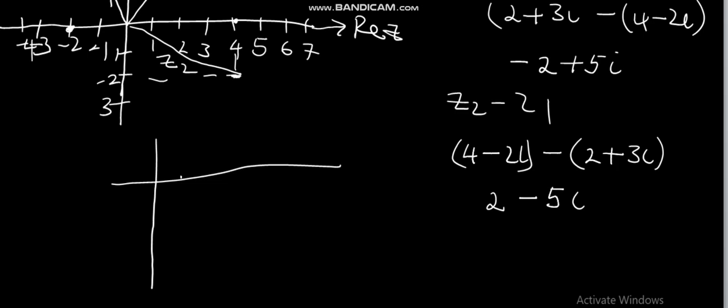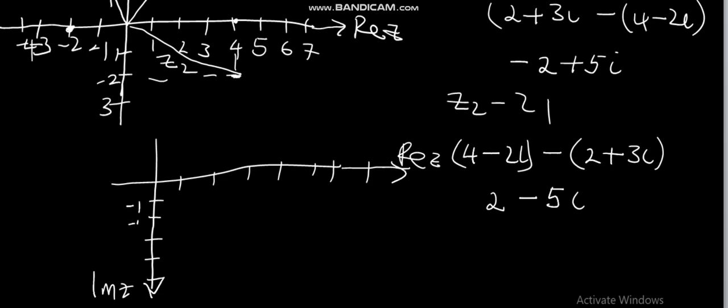We shall have 1, 2, 3, 4, 5, 6, 7. So that is the real axis, and this is the imaginary axis. So we have 1, 2, 3, 4, 5. Negative 1, negative 2, negative 3, negative 4, negative 5.